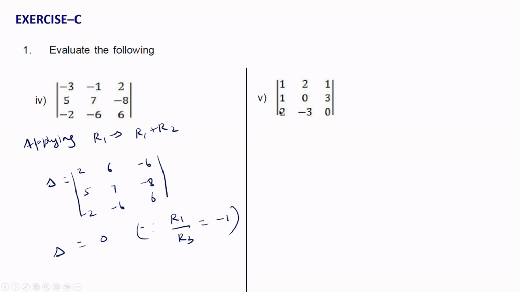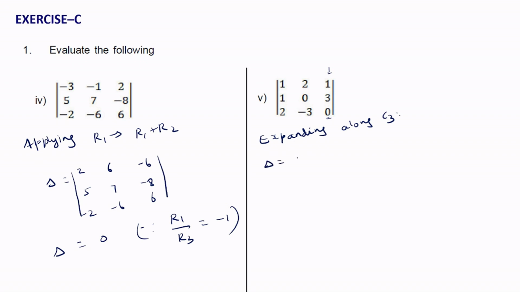Next we have the question, determinant of 1, 2, 1, 1, 0, 3, 2, minus 3, 0. So here let us expand along C3. If we expand along C3, it will be easy since there is 1, 0 here.